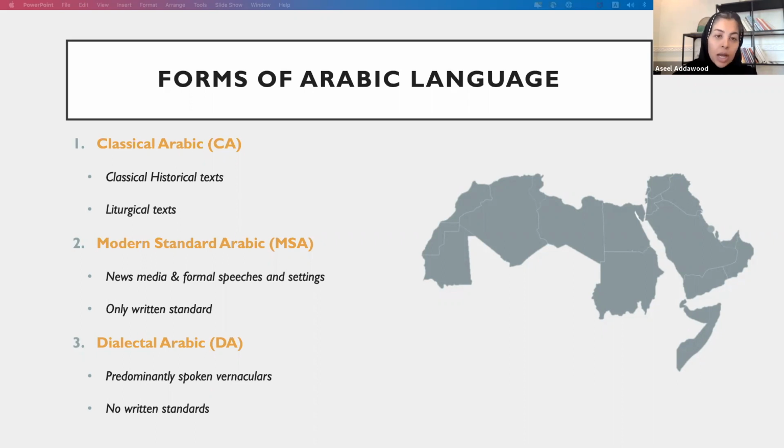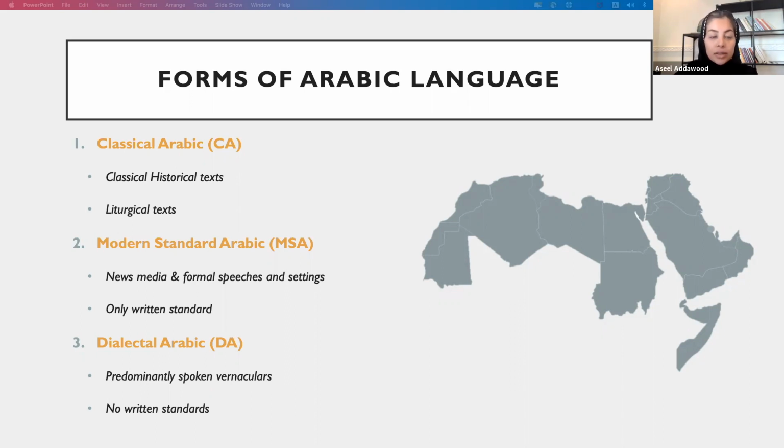First of all, there are a lot of forms of the Arabic language. We have classical Arabic, which is used for textual data, or classical historical data or text. Modern standard Arabic, which is used in news media and formal language. And then dialectal Arabic, which is what we use in our daily life when we talk with people in our region.